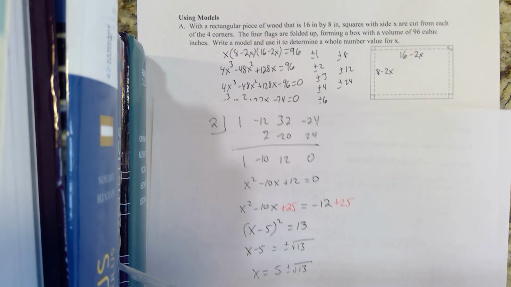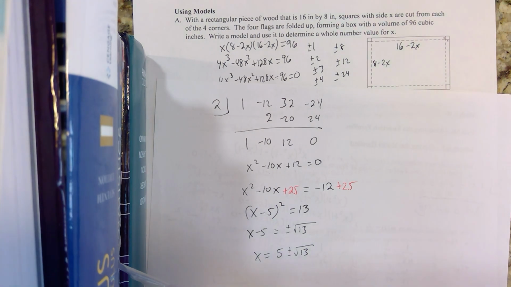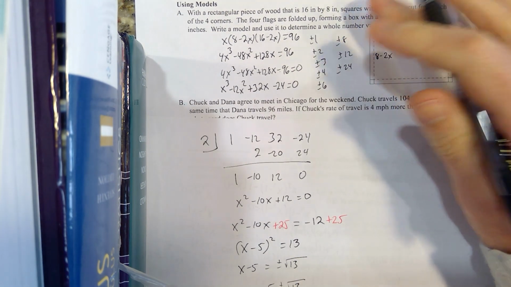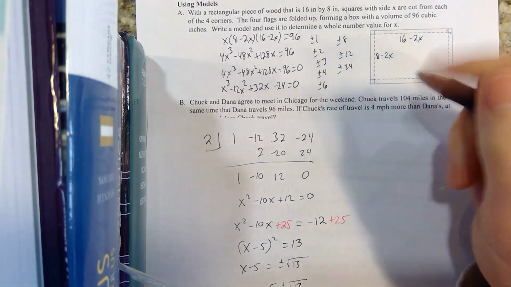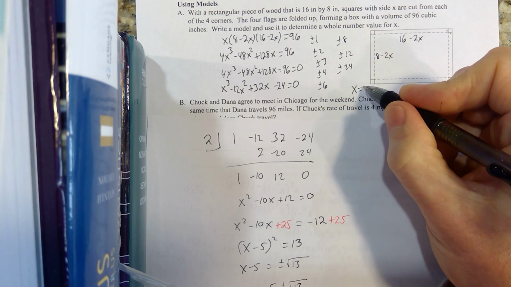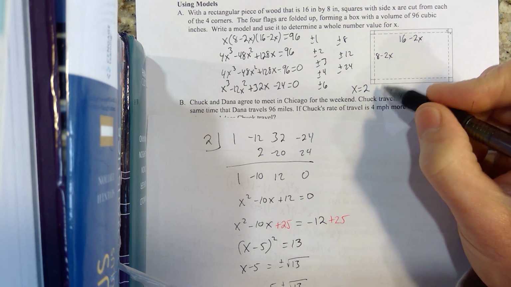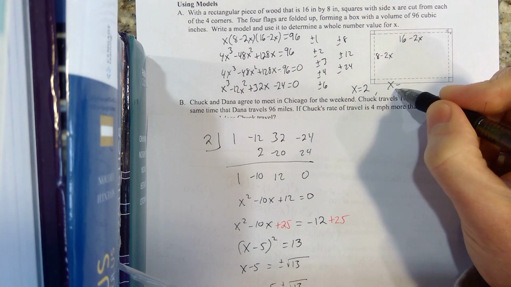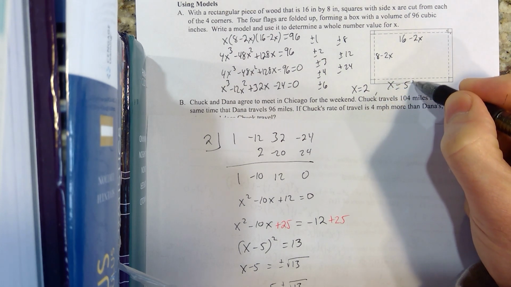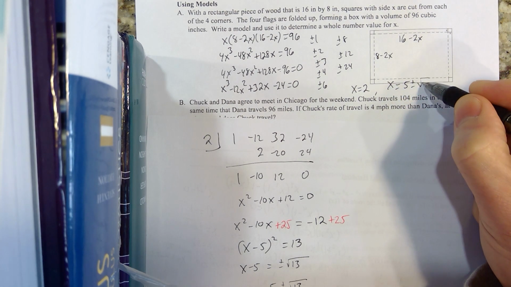Okay, and these are, of course, real roots. So these are valid solutions. Okay, so my solutions are, I'll write it up here, x equals 2, or x equals 5 plus or minus square root of 13.